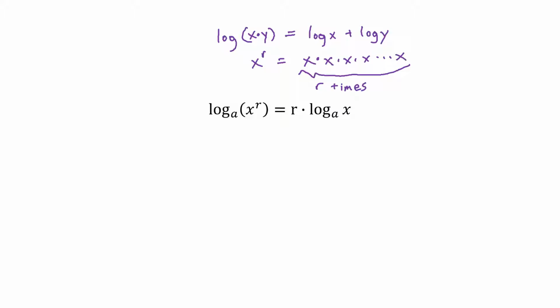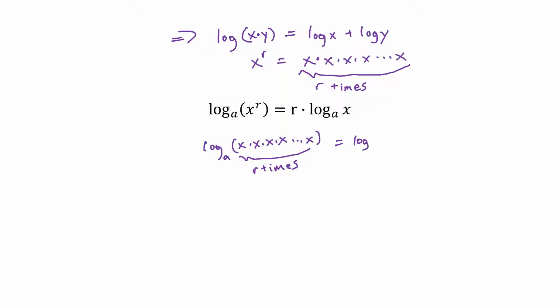So we can translate what's happening here. So we're saying log of x times x times x times x, r times, which according to this rule means that we have to add the logs.